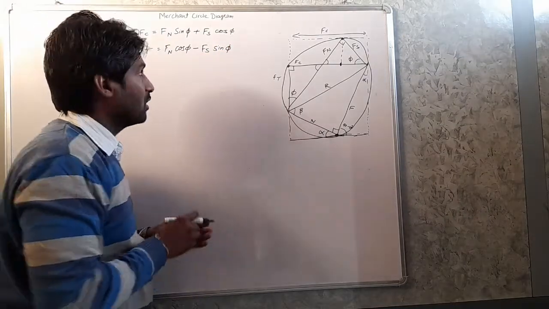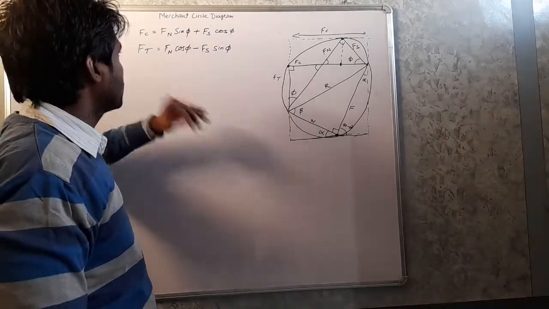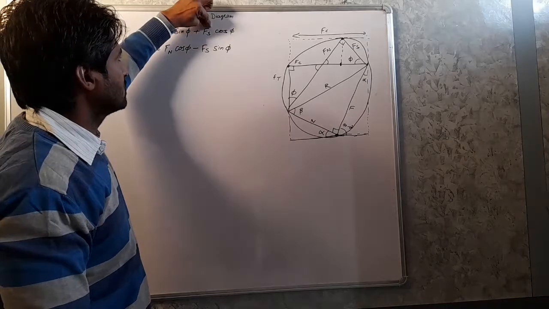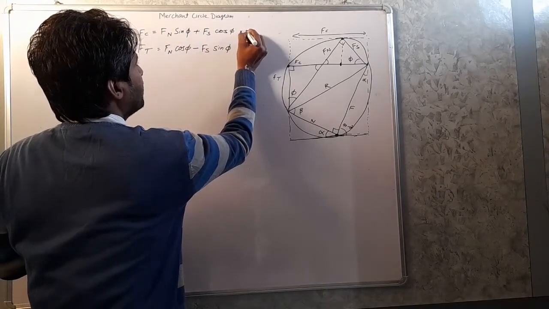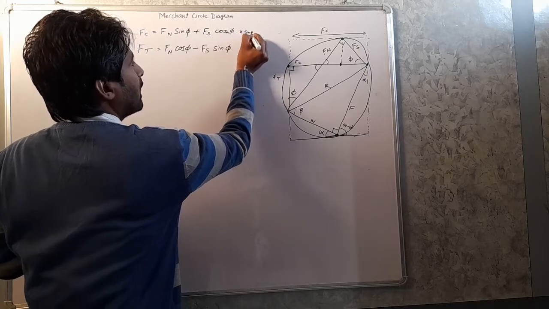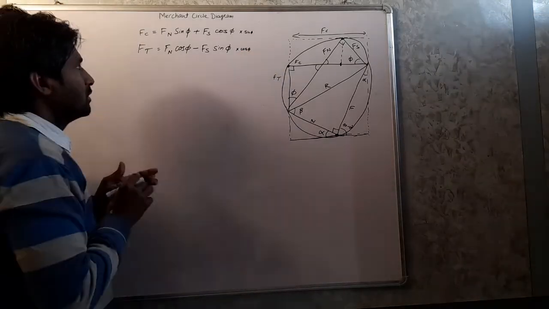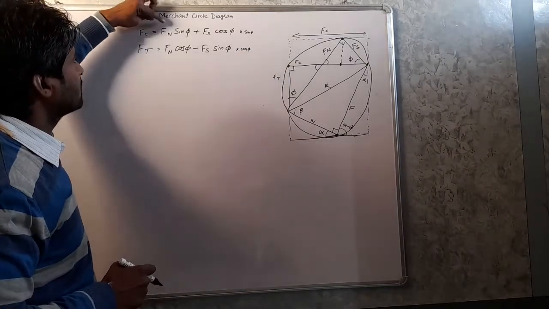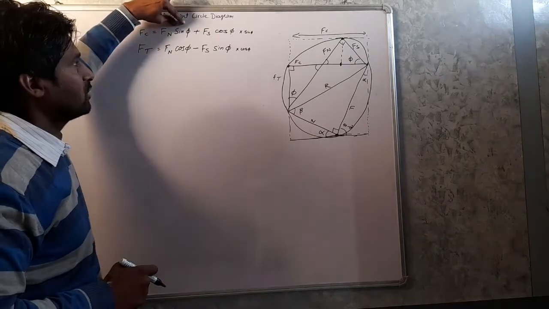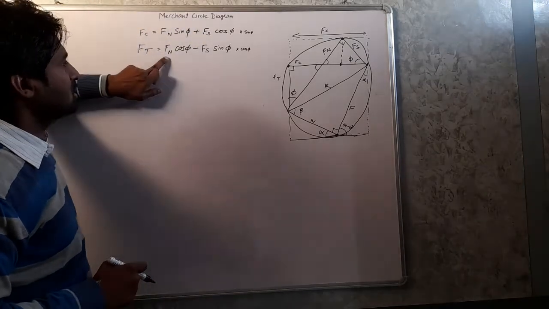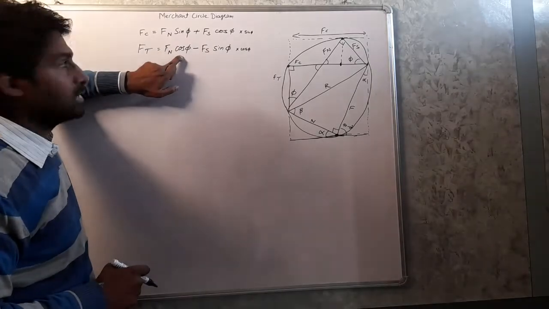Now here we will use one shortcut method to calculate the value of Fn and Fs. Multiply this first equation by sin phi and the second one by cos phi. If we multiply this first one by sin phi, then this will become Fn sin square phi. And multiply this by cos phi, then this will become Fn cos square phi.